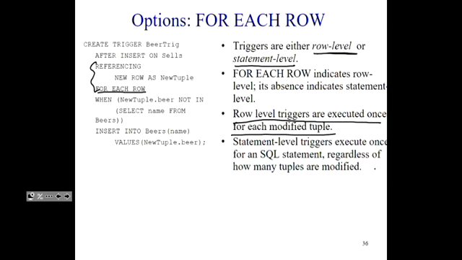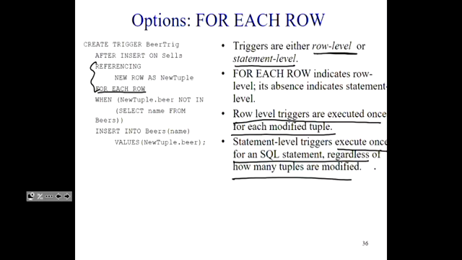Why would I want both of these cases? So let's say I want to, for instance, for every tuple that's inserted into cells, I want to do some change to beers. That's a for each row kind of case. That's a row level trigger.